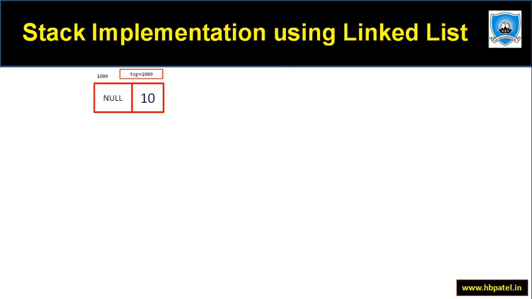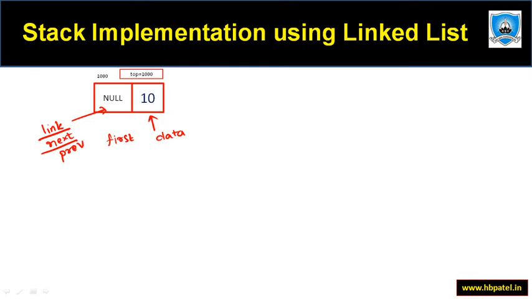So when I insert the very first node, when I create the very first node, this is my first node, right? And of course I know there are two things. The first one is data, and the second one contains the link, or what you call an address, or we call it next, or sometimes we call it previous. These are all the different names that we give to this pointer.